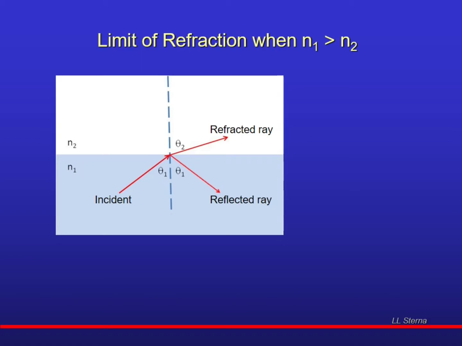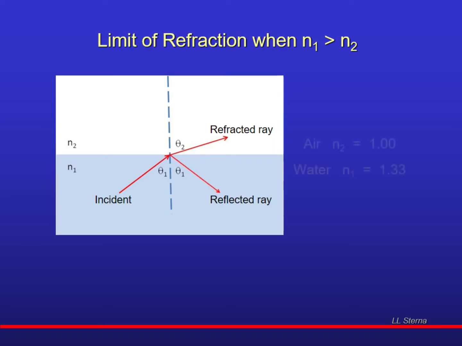So we see the ray of light coming from the lower left, makes it to the boundary. There's the dashed line for the normal, and it bends away from the normal. That's the refracted ray. Also, some of the light may be reflected at the boundary.